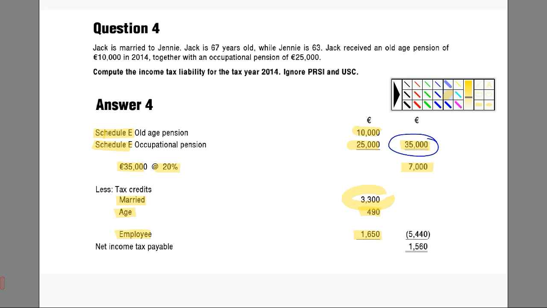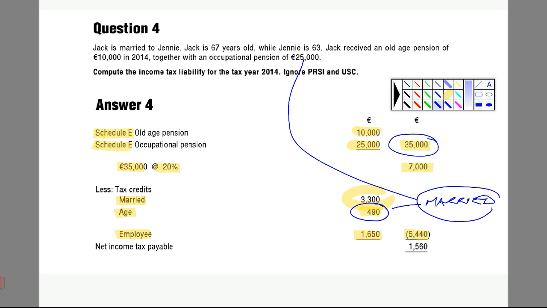Let's try and remember that someone receiving a pension income under Schedule E is going to get the employee credit. So what they do here, obviously incorrectly, is total all the allowances. Do note here that this 490 is available in full because this individual is married, and actually we weren't concerned about the fact that Jenny was 63.